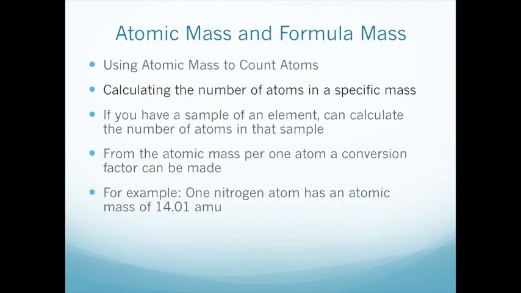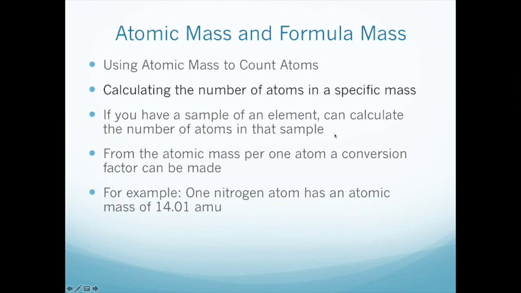So you can use the atomic mass to count atoms by understanding how much an AMU is in grams and using that relationship to find out how many atoms are in a specific mass. One of the main ways that we measure things in chemistry is by weighing them.